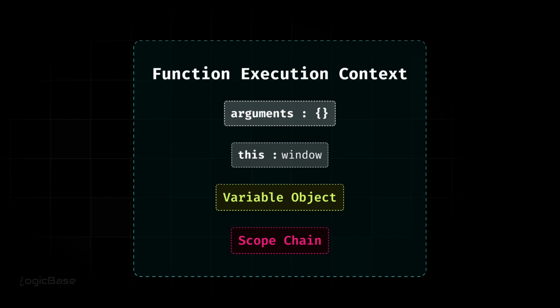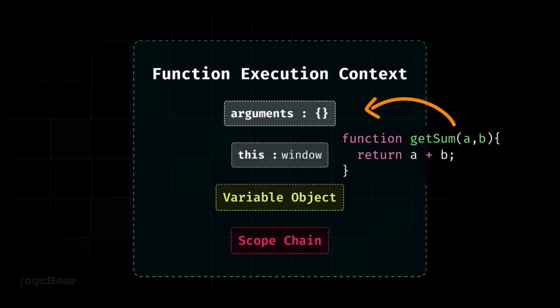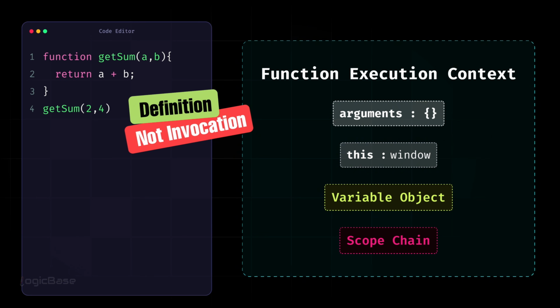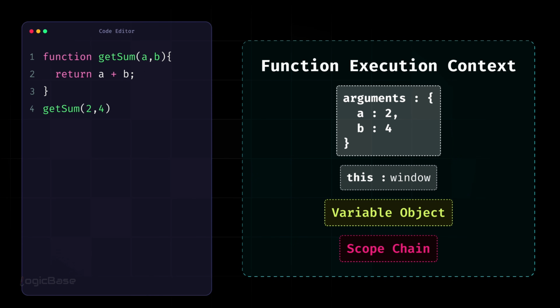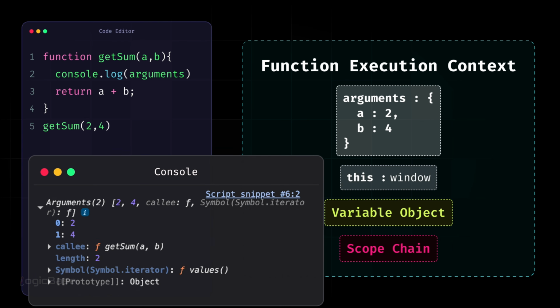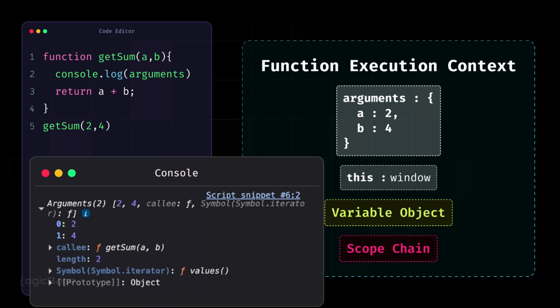This object holds all the parameters passed to that function. That means whenever we define a function in JavaScript and it has parameters, JavaScript automatically creates an object called arguments inside that function's execution context to store those values. If we write console.log(arguments) inside the function body, you will see all the passed parameters neatly stored as key-value pairs within that arguments object.